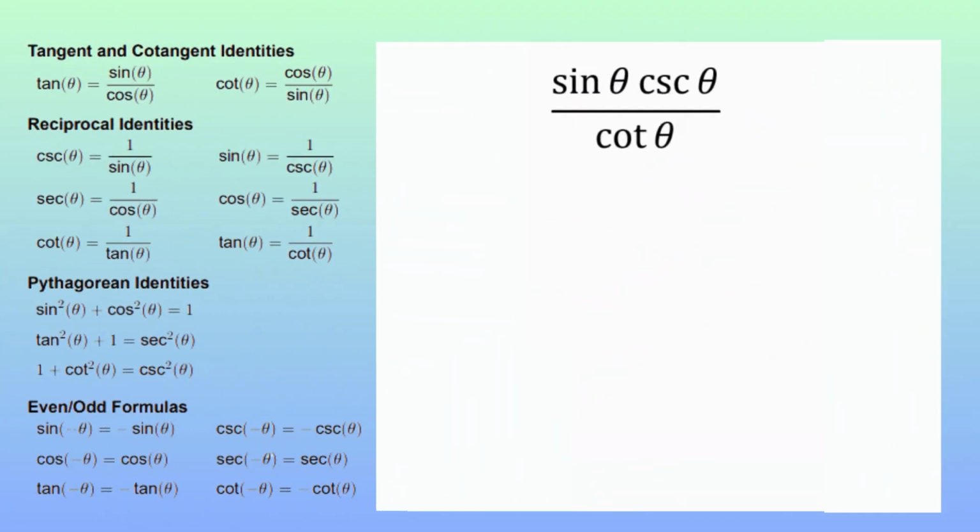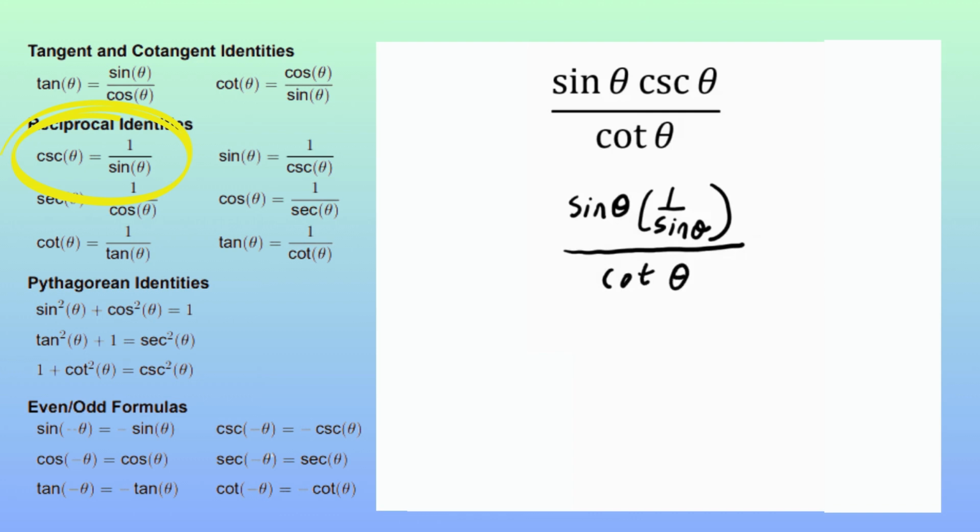In this next example, we have sine theta times cosecant theta divided by the cotangent of theta. Well, if we look at the numerator, there's a cosecant theta, which is the same thing as 1 over the sine of theta, divided by cotangent theta. Well, that simplifies to 1.